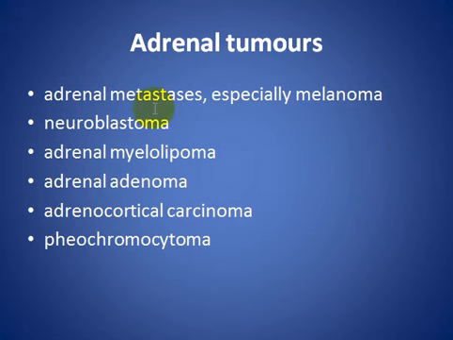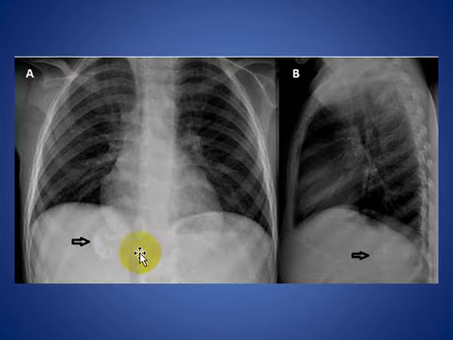Adrenal tumor can present with calcification, like adrenal metastasis, especially from melanoma, or primary adrenal tumor like neuroblastoma, adrenal myelolipoma, adrenal adenoma, adrenocortical carcinoma, and pheochromocytoma. Let us see some examples.